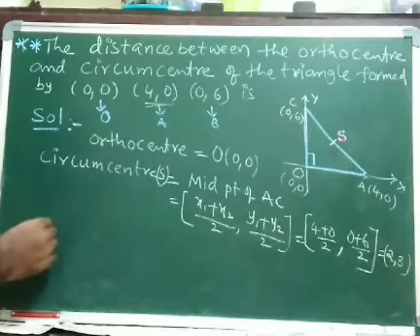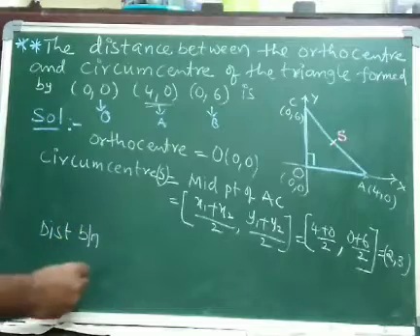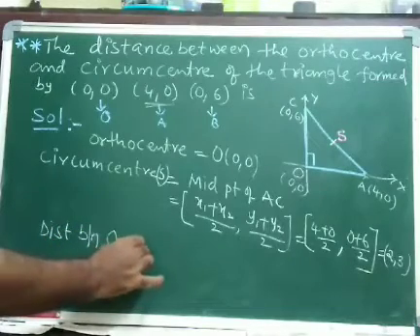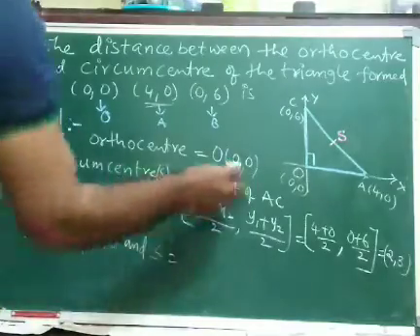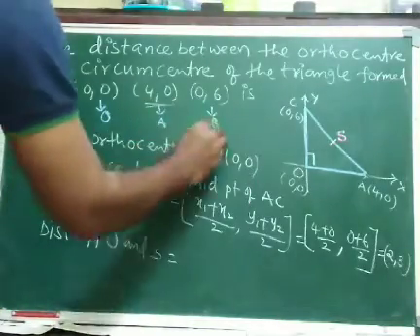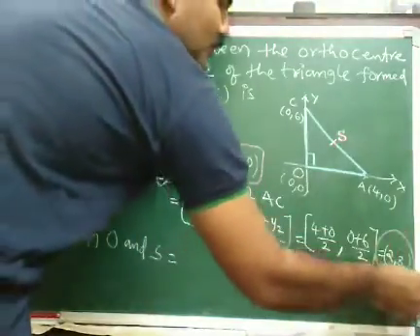So now we want the distance between the orthocenter and circumcenter, O and S. One is 0 comma 0, the origin, and the next point is 2 comma 3.